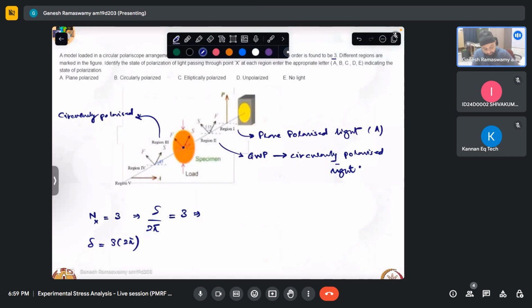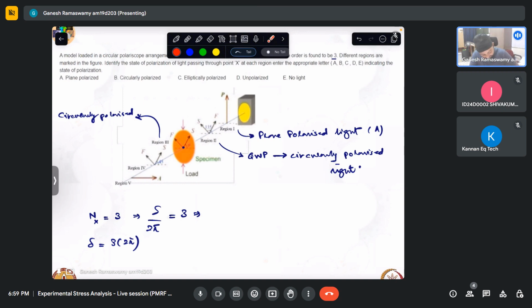Then from here, what we are seeing is light was passing like this. Then from here it became circular. Here also it became circular. Now we are just trying to negate whatever was brought in by the quarter wave plate, so we are placing a cross combination so that it gets negated.